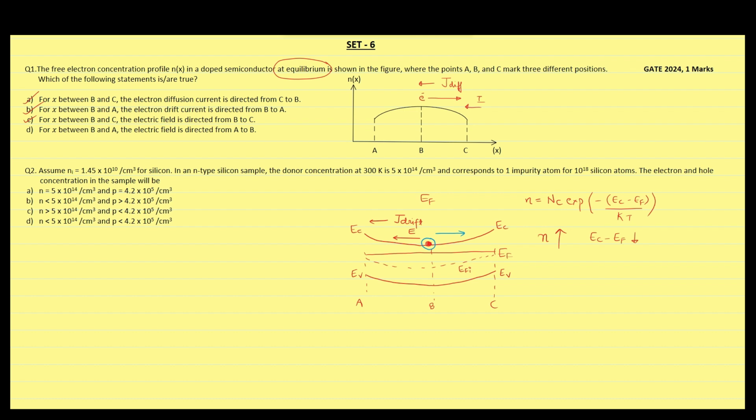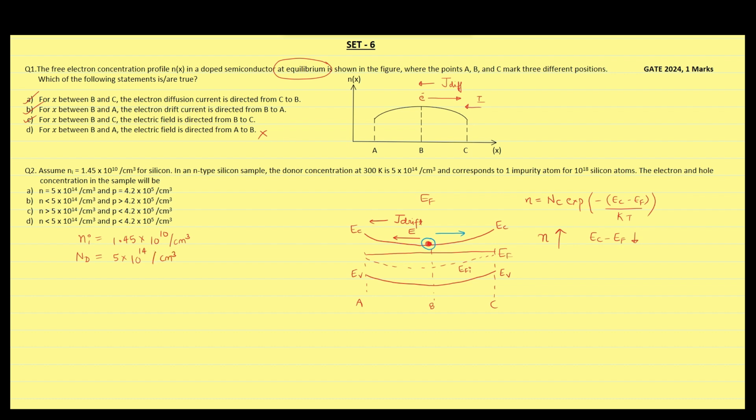For the second question, we have intrinsic carrier concentration 1.45 into 10 raised to the power 10 per centimeter cube. Donor concentration is provided to be equal to 5 into 10 raised to the power 14 per centimeter cube.